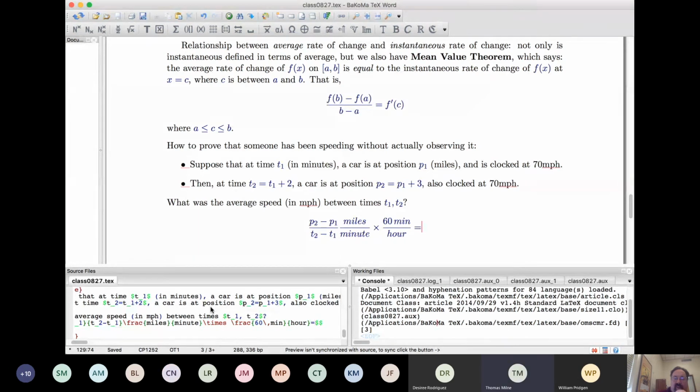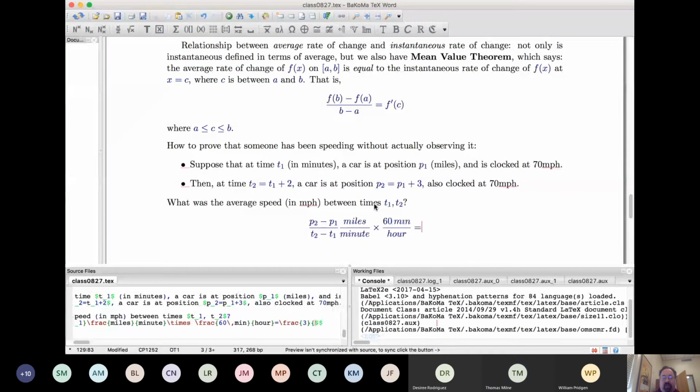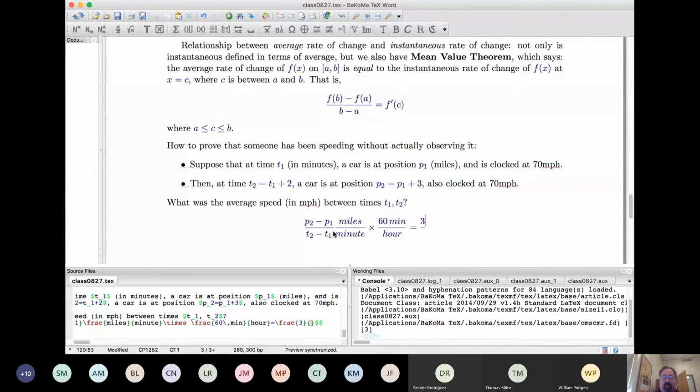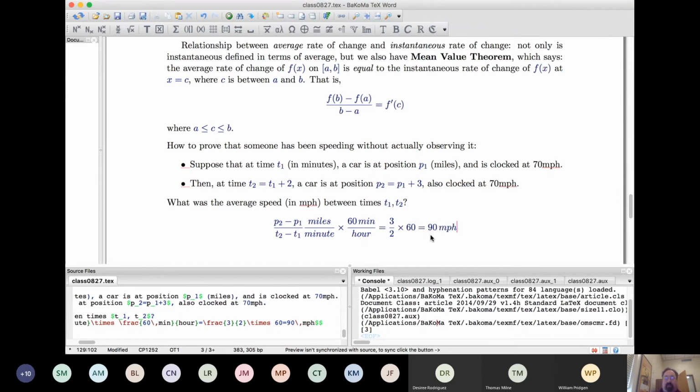Yes, it is 90 miles per hour, because the difference in position is 3, the difference in times is 2 times 60, so we get 90 miles per hour.